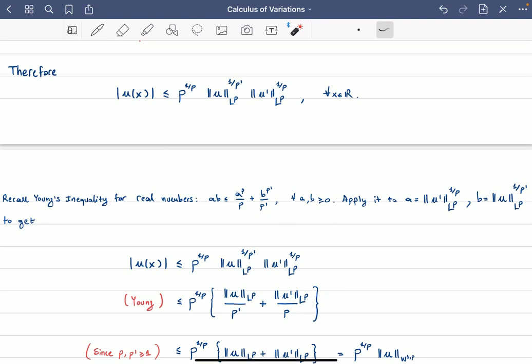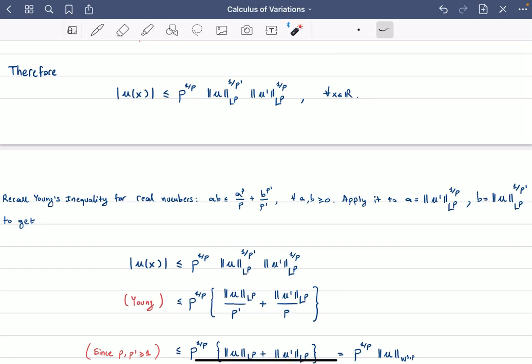This inequality is usually called Young's inequality in the literature, and it's telling you that for every a and b larger or equal than 0, ab is less or equal than a to the power of p over p plus b to the power of p prime over p prime.